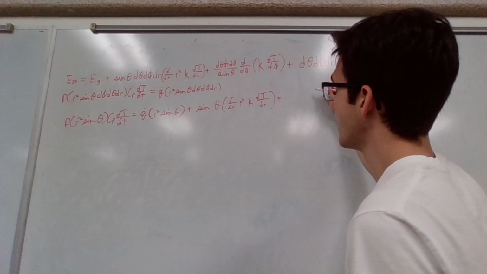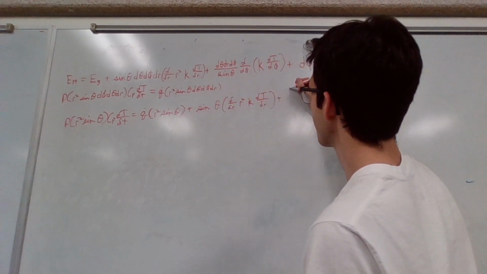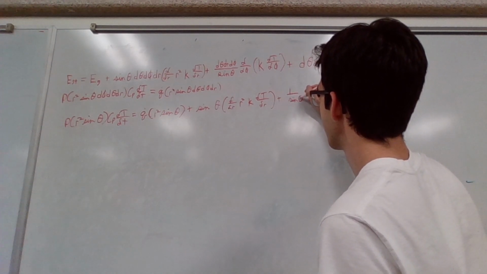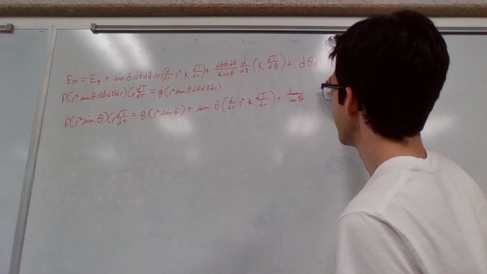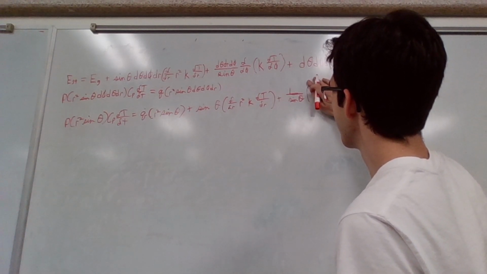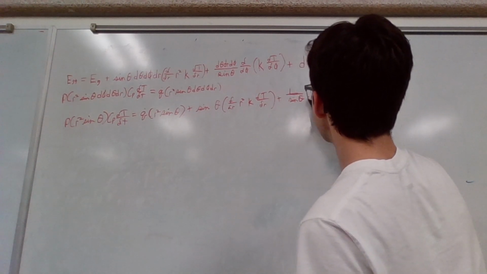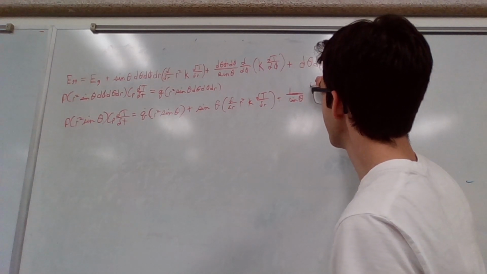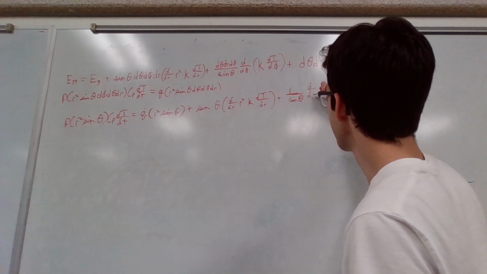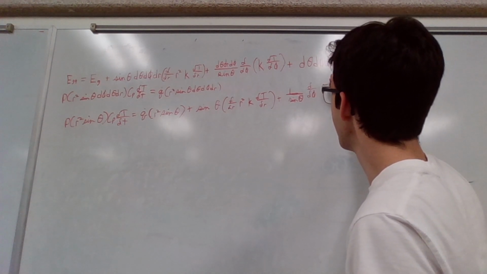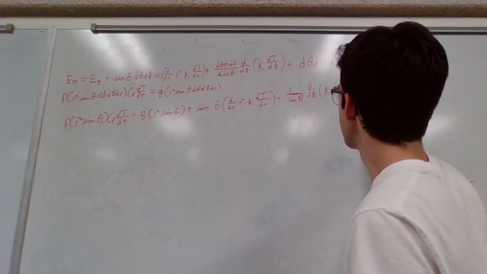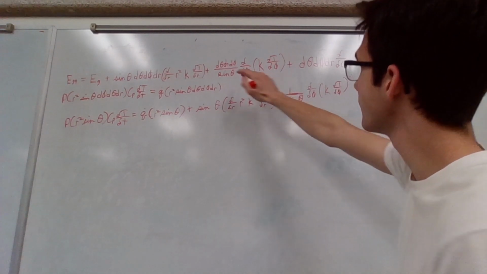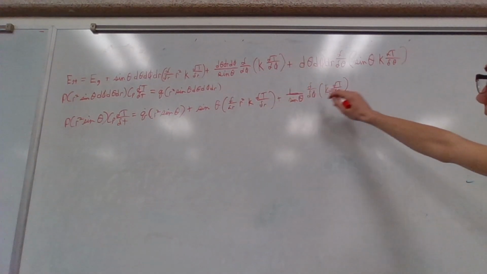Plus d theta, d phi, dr, they all cancel, so we're just left with 1 over sine theta times our partial with respect to phi of k, partial temperature with phi. Right? Cancel those. Left with that, left with that.